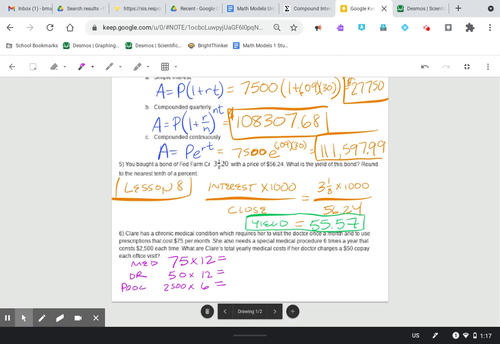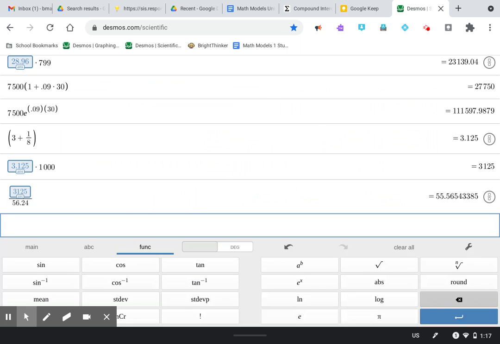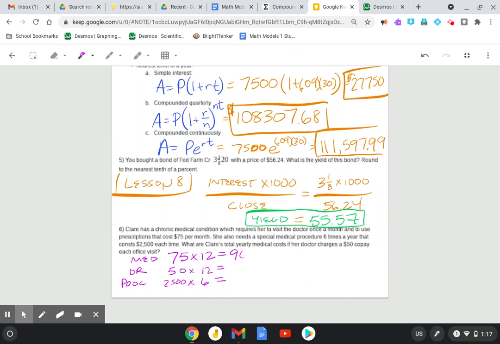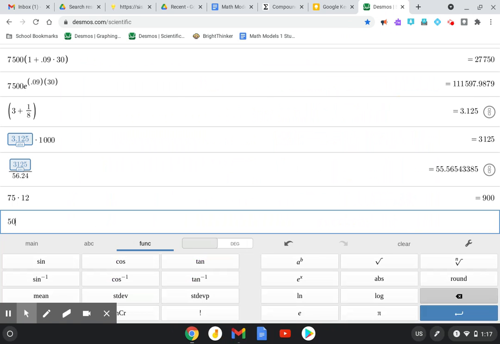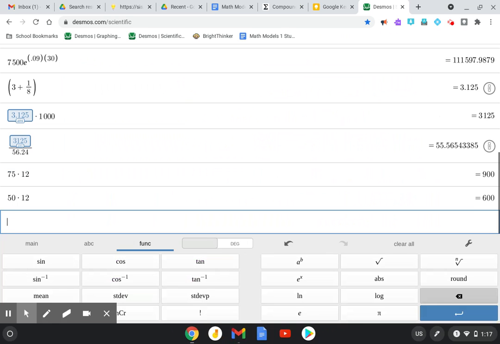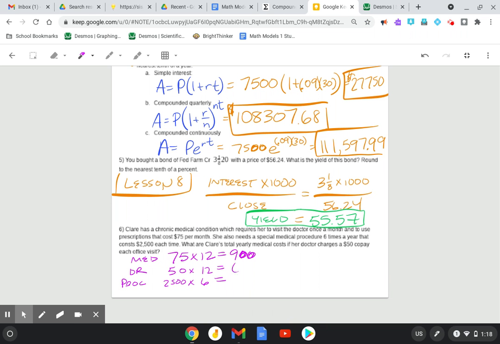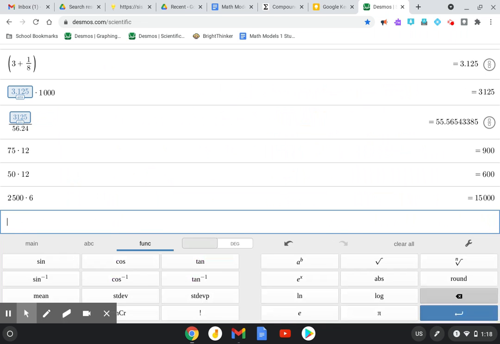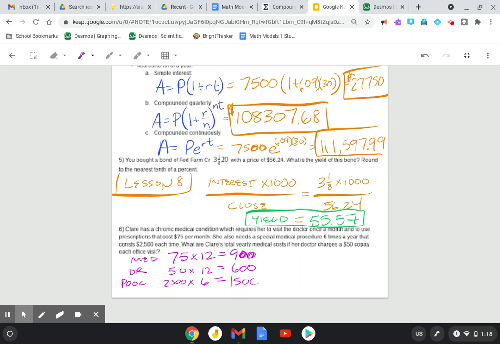So we're going to do each one of those. 75 times 12 is 900. 50 times 12 is 600. 2,500 times 6 is 15,000.